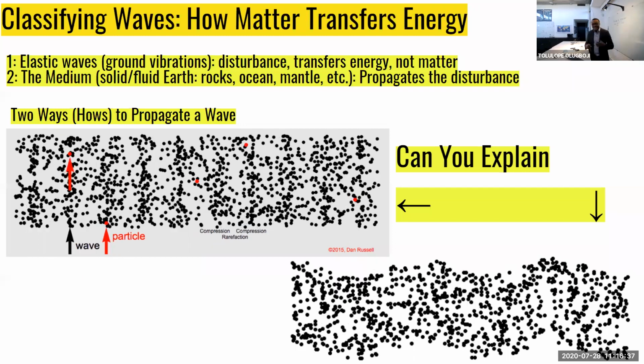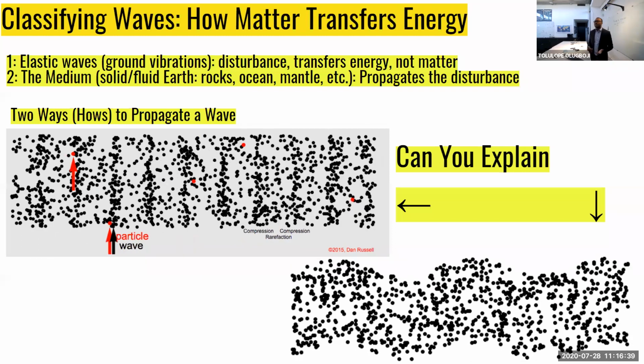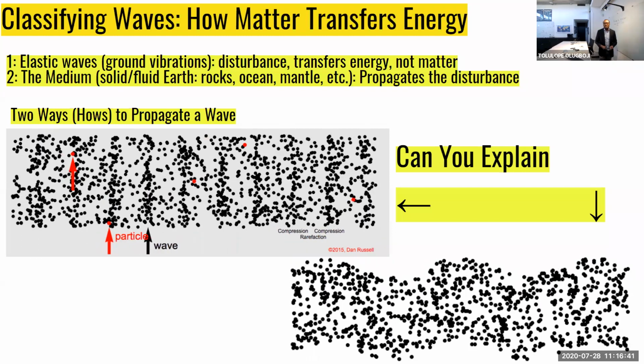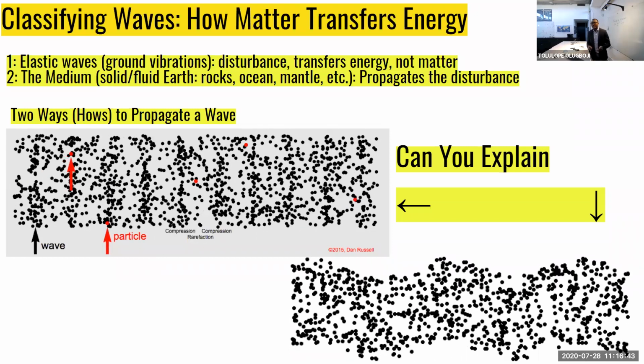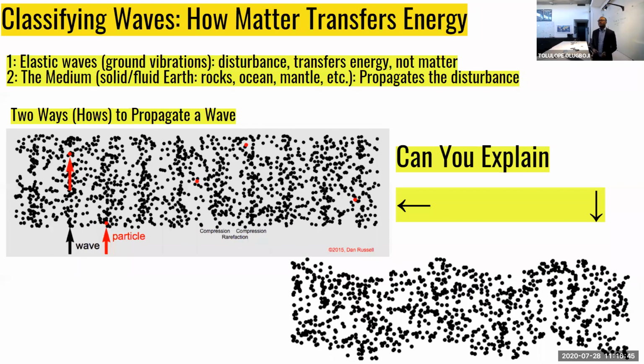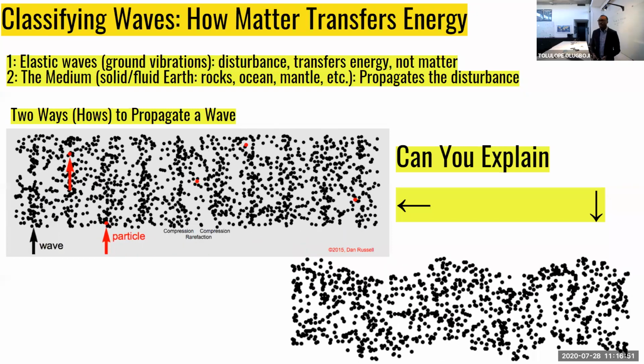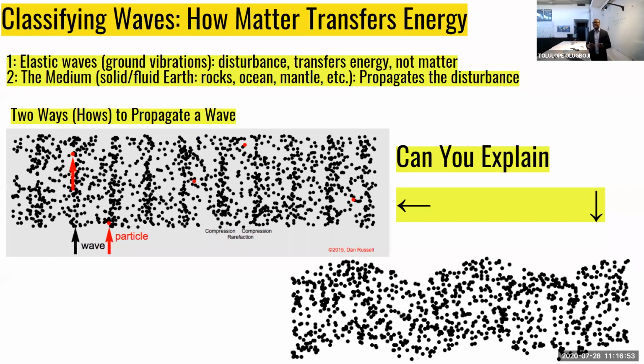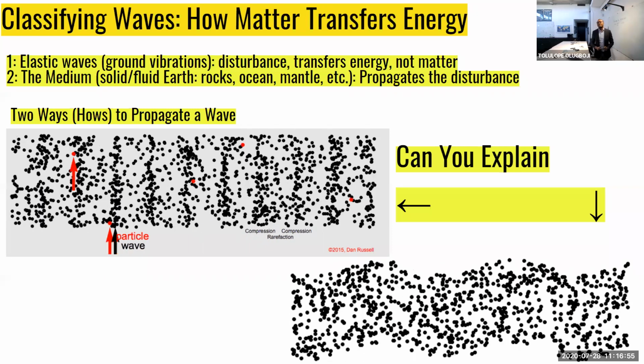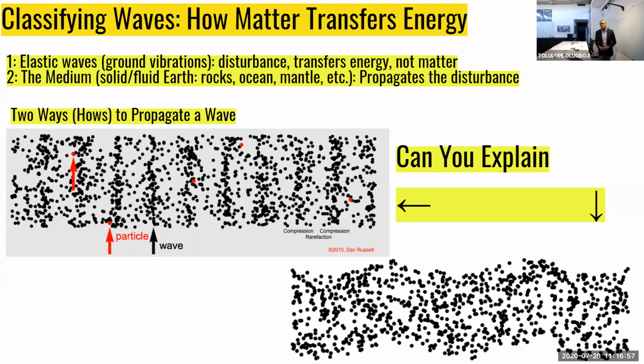So what's a wave? It is a disturbance that transfers energy. So for example, we have an elastic wave, which is a ground vibration, a disturbance in the medium, transferring energy. So the medium itself moves, but the wave moves outward from the source that generates it.